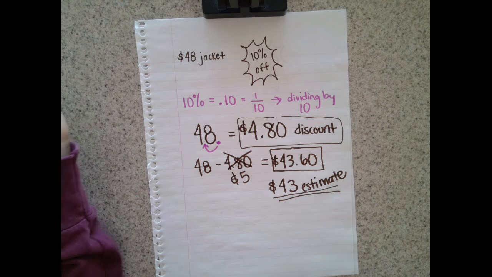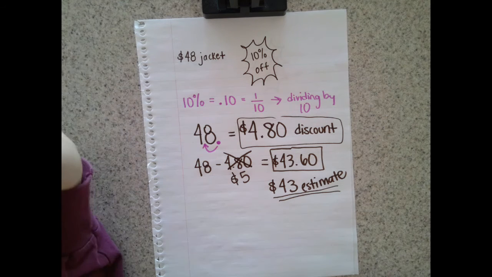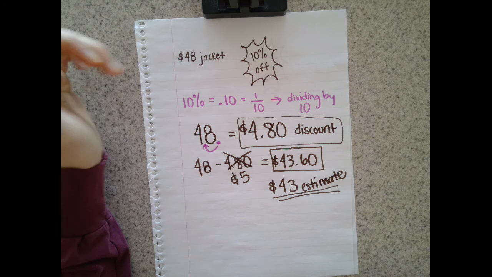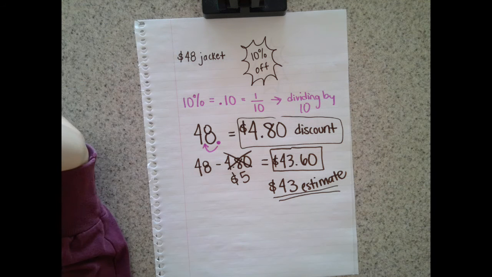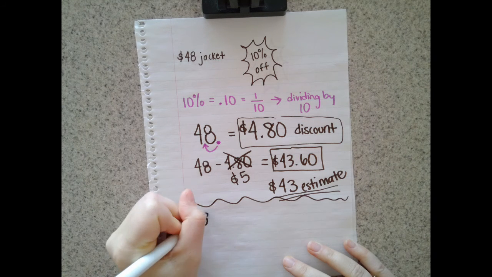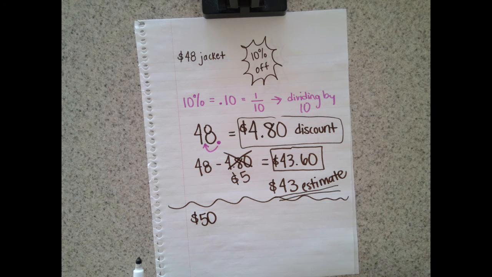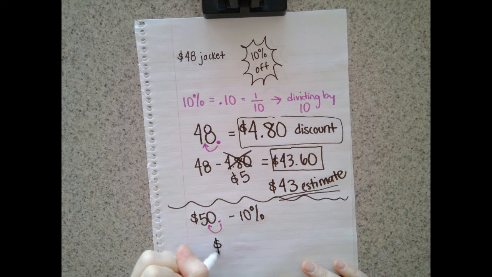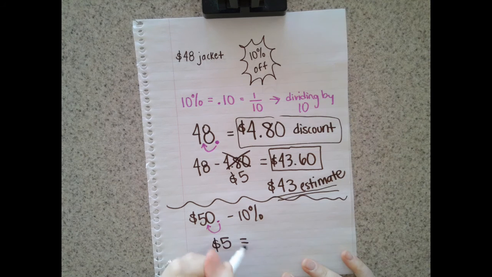Okay, so that is the cool trick on doing 10%. You just slide the decimal in once and you immediately know your discount. A lot of shoppers, when they see $48, might immediately round that to an even $50. 50 is a little bit easier to do math with than 48. Okay, if you want to take 10% of $50, you slide that decimal point over one space left, and you know you're going to be saving about $5, which means you're going to be paying about $45.